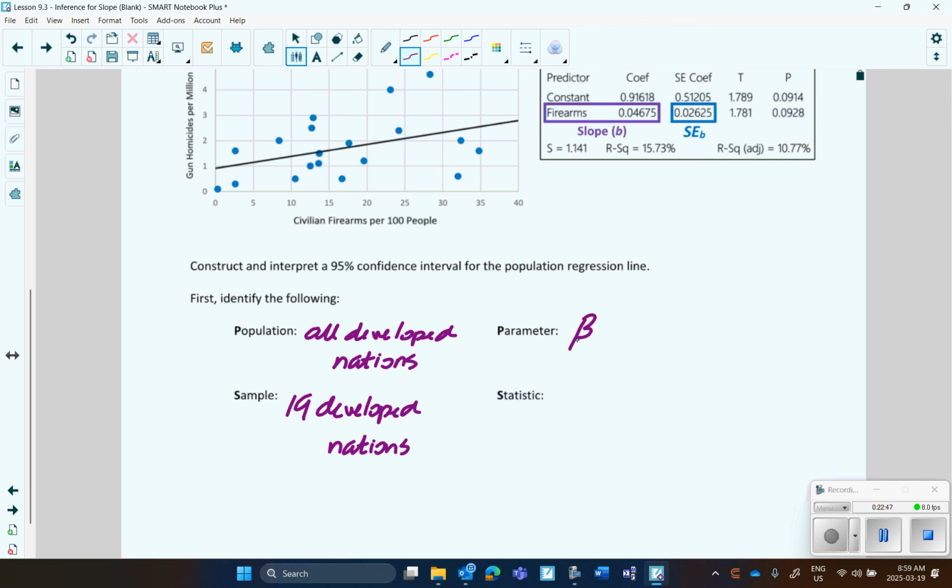That represents the population, so that's the true slope for regression for all nations. And what we're going to use as our sample slope, well, we use it in the equation, little b. It's the sample regression slope.